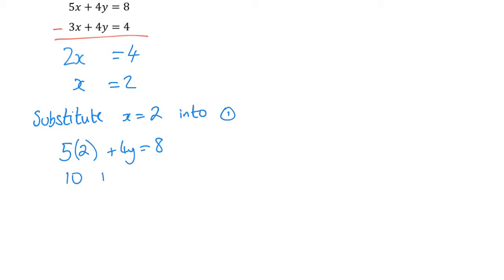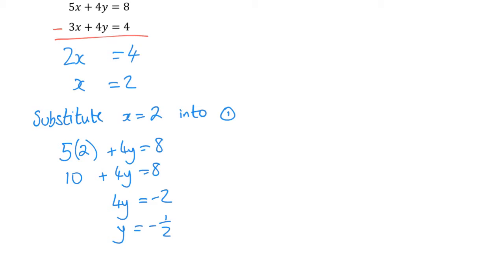So that's 10 plus 4y is equal to 8. If we bring the 10 to the other side, we get 4y equals 8 take away 10, which is minus 2, which means y equals minus a half. So it looks like our set of solutions are x equals 2 and y equals minus a half.